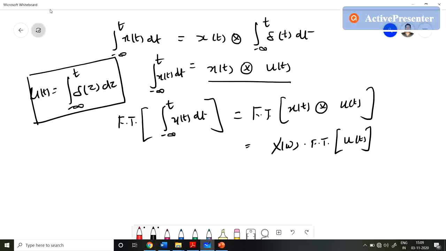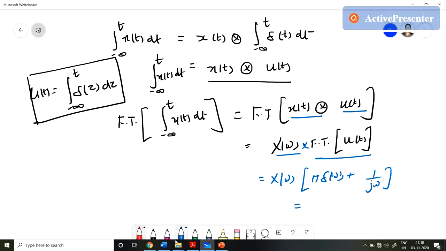Because convolution in the time domain is multiplication in the frequency domain, the Fourier transform of x(t) is X(omega), and the Fourier transform of u(t), which we derived earlier, is pi delta(omega) plus 1 divided by j omega.